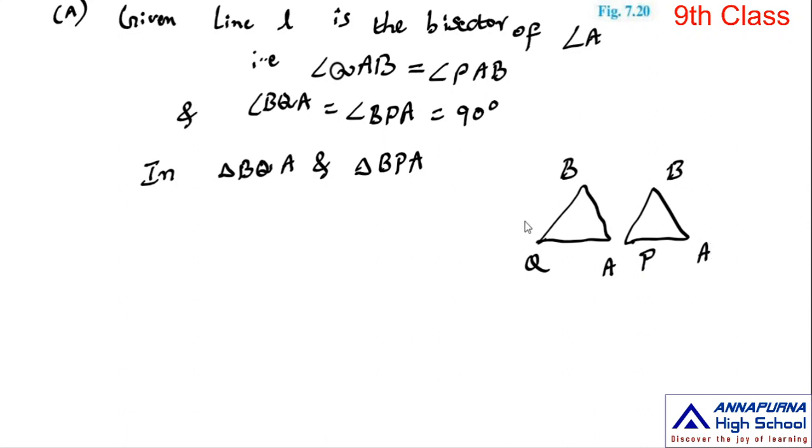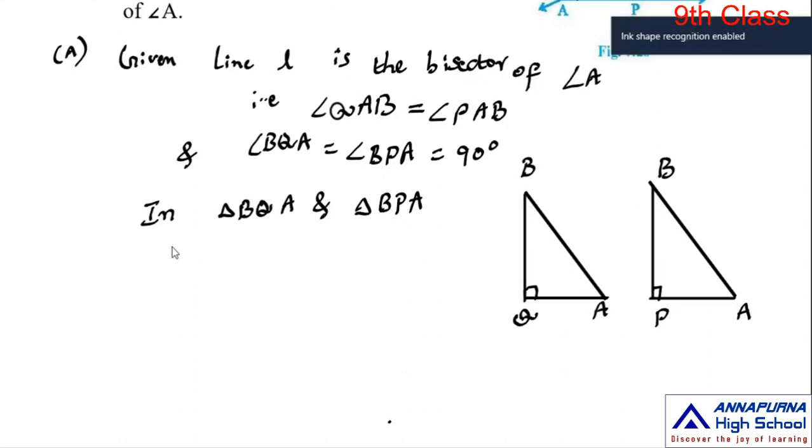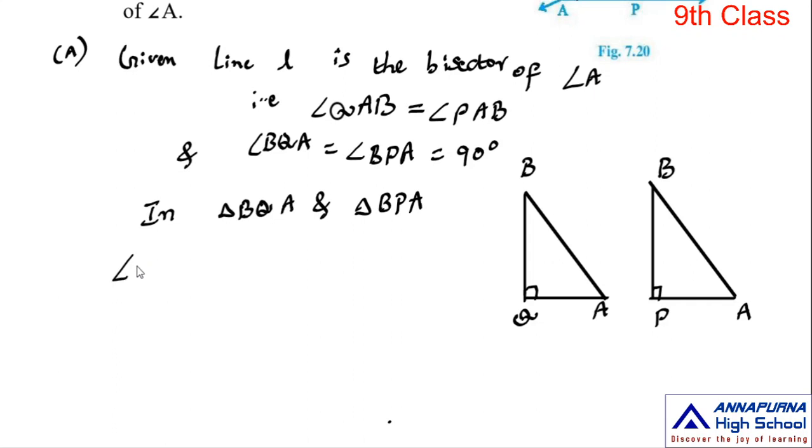Observe these two triangles. Angle BQA is equal to angle BPA is equal to 90 degrees.